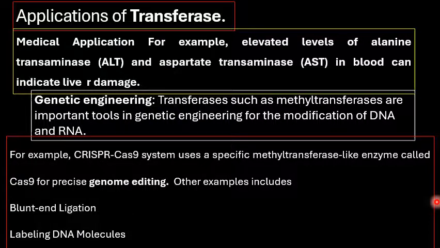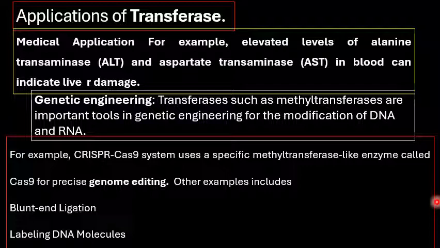We also have the blunt end ligation and the labeling of DNA molecules. For the blunt end, restriction enzymes are used in this process and they cut at specific sequences, leaving some blunt ends, and can be very sticky.